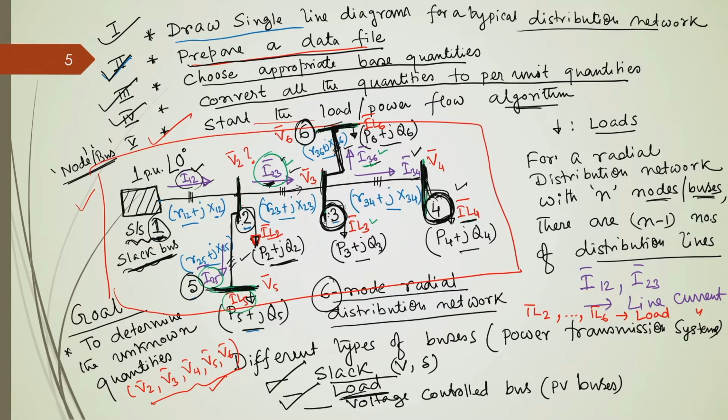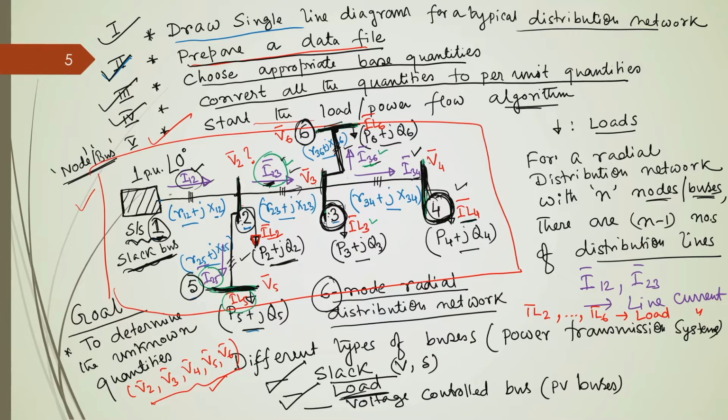Now, if there are other nodes beyond 4 and 6, you have to continue the process till you reach the terminal node, and that is why we first compute the terminal load currents, because they are independent, and then we process slowly towards the substation side.